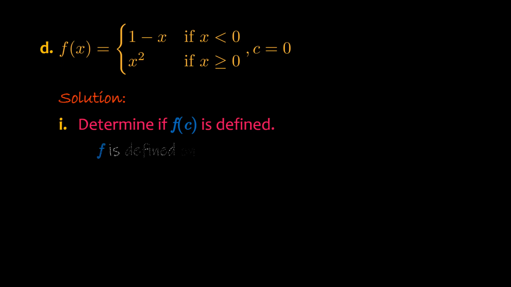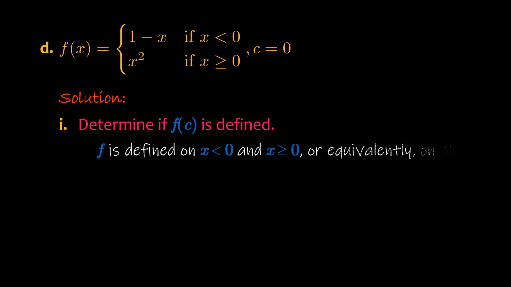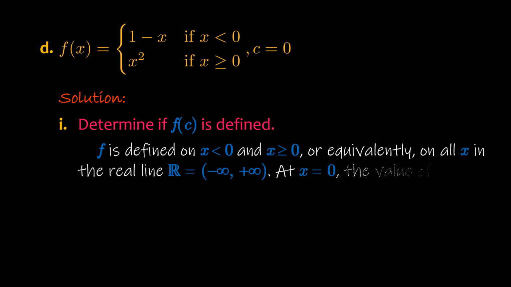F is defined on x less than 0 and x greater than or equal to 0, or equivalently, on all x in the real line. At x equals 0, the value of f is f of 0 is equal to 0.